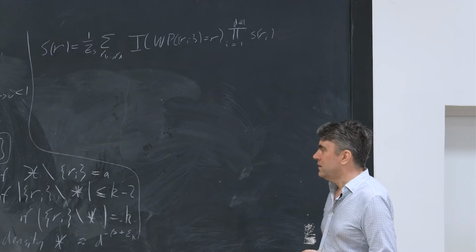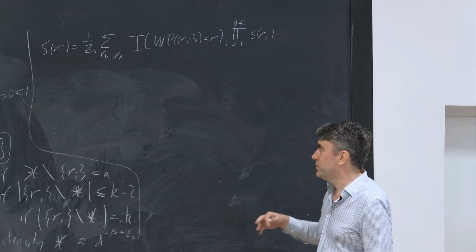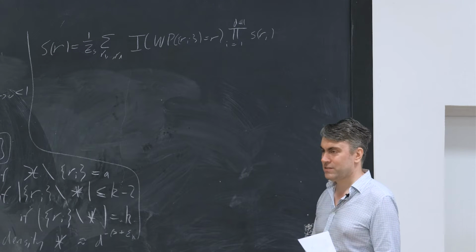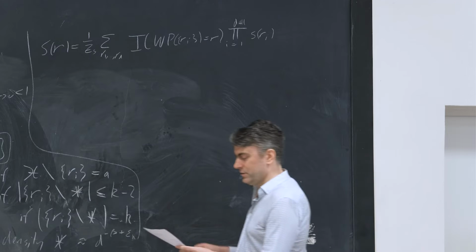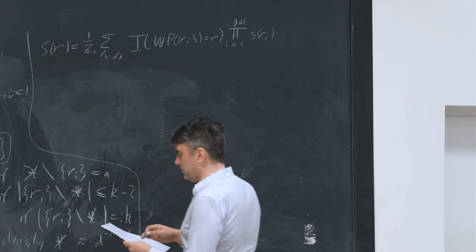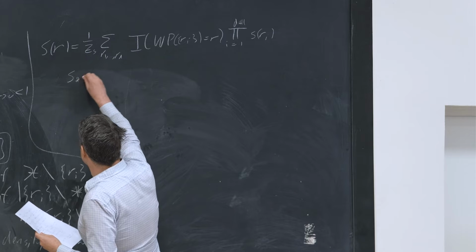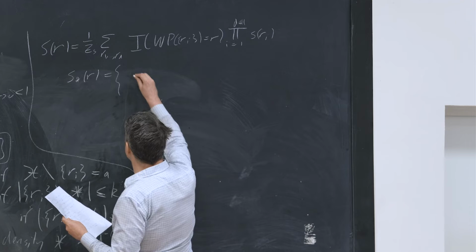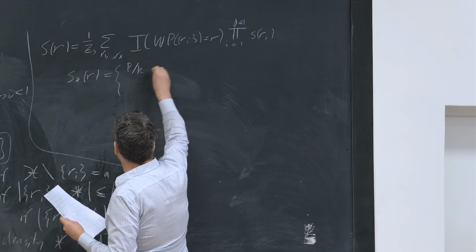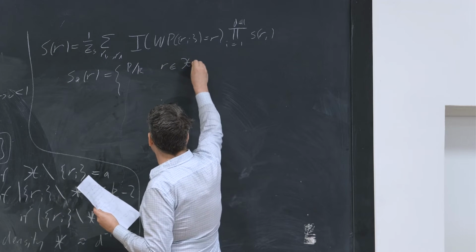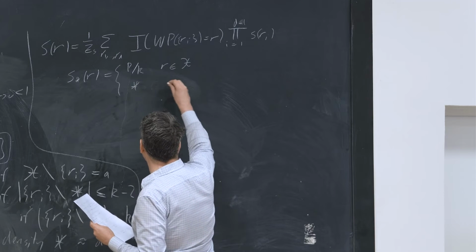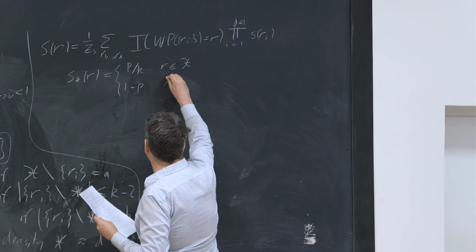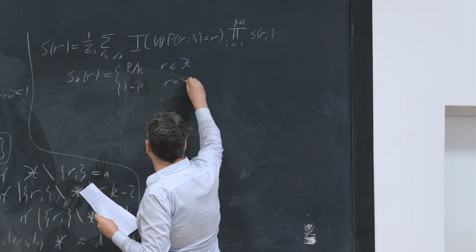So this really becomes an equation of one variable, the fraction of stars and the fraction of colors. In the fixed point, it must be of the form P over K when R is a color, and probability 1 minus P when R equals star.